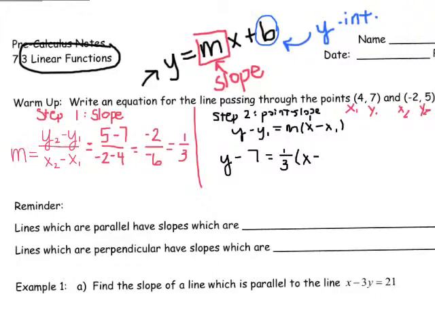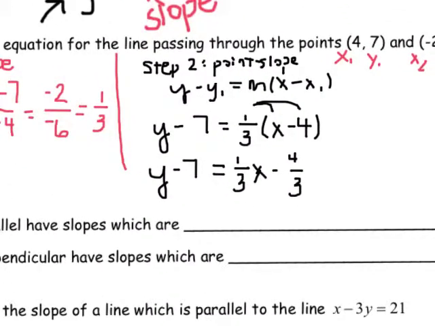(x minus 4). So it looks like I'll need to do distribution right here, and then I'll also have to add 7. So first I'll distribute. So y minus 7 equals 1/3 x minus 4/3. And then lastly, I will add 7 to both sides.